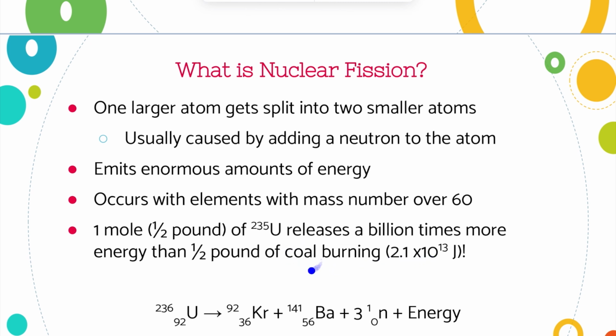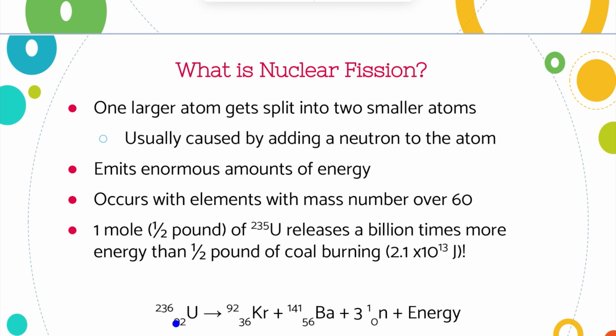And so when we're looking at fuel sources, we can consider burning things like fuel and gases, but we can also look at using nuclear fission to produce energy as an option.